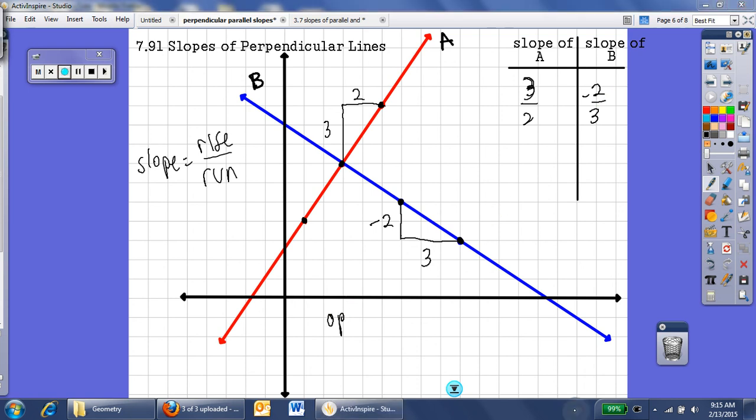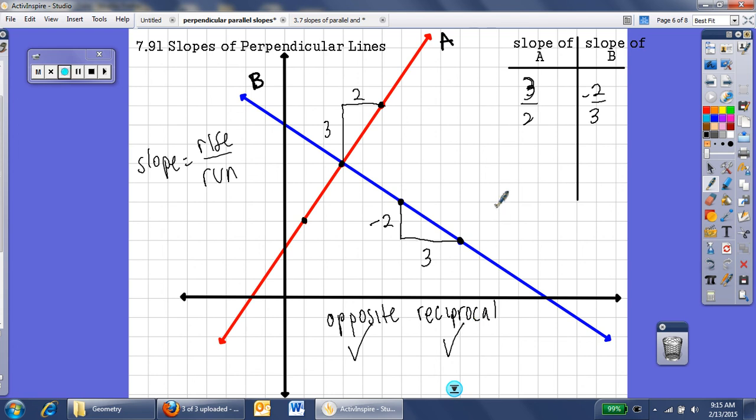Let's go ahead and write this down so we can be sure. Opposite, reciprocal. So opposite checks out because one is 3 over 2 and the other one is negative 2 over 3. Reciprocal would mean that it's flipped. So in this case, the 3 is on the top, and in slope B, the 3 is on the bottom. So yes, they're opposite reciprocal.